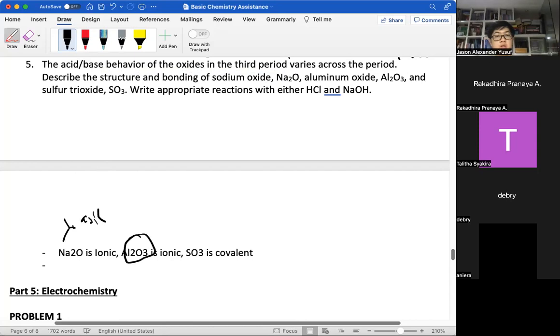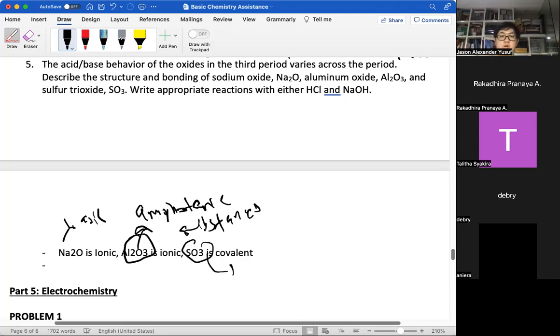And aluminum oxide is special because it's known as an amphoteric substance, which means it can react with both acids and bases, which you will see later when I write down the reactions. For SO3, this is acidic, which is why if you react this further in the environment, it will form, I think, sulfuric acid.